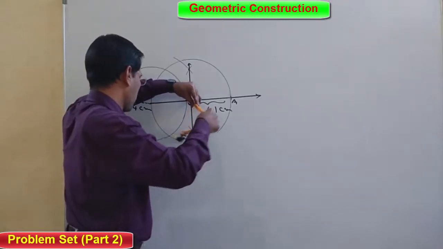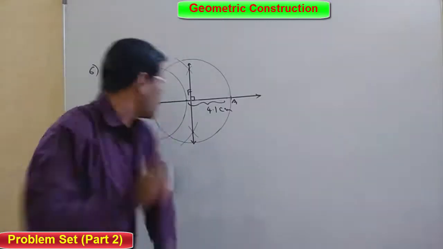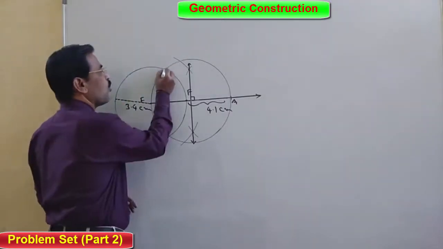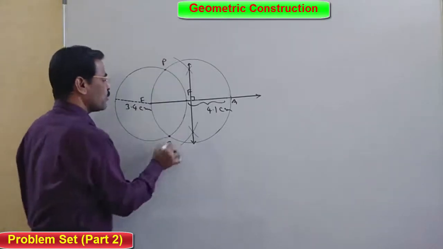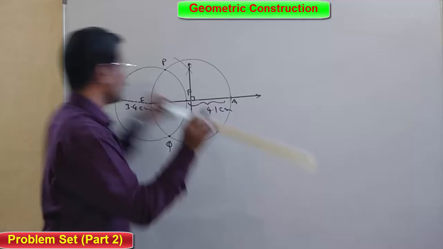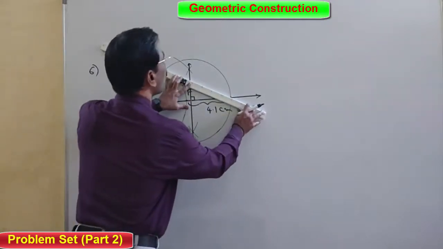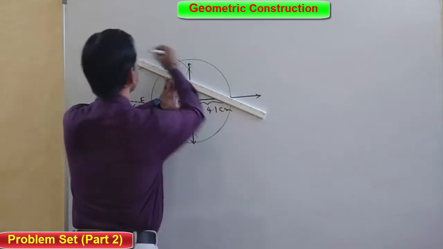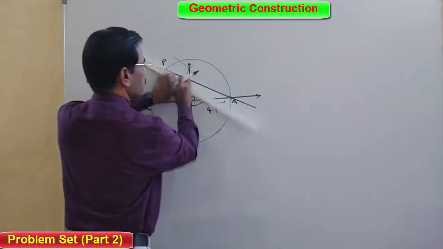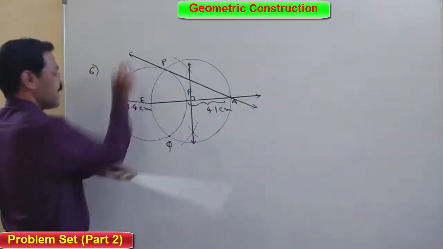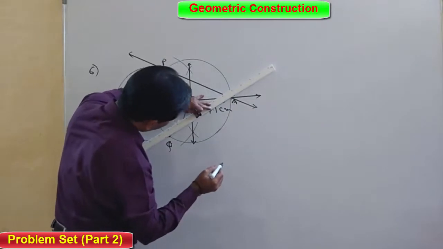This is the circle, friends. Now, this new circle intersects the old circle in these 2 points. I'll name them P and Q, and join PA and QA to get the tangents. Here is the first tangent, and now this is the second one.